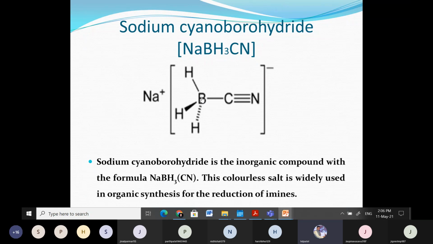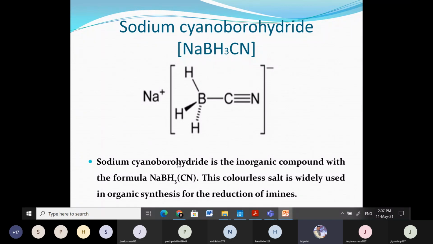Normally, if we are talking about BH3, there is no charge, but when it is converted into BH4 or BH3CN, meaning boron has 4 valency, at that time we have to write a negative charge. That negative charge is neutralized by sodium, Na+.